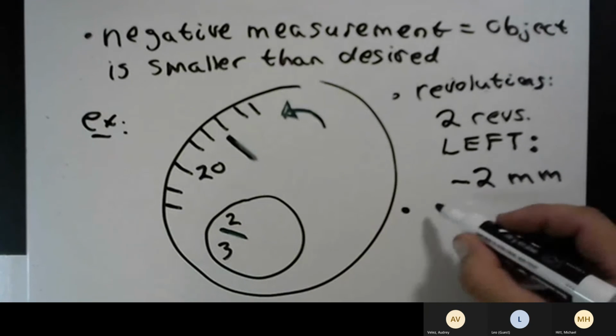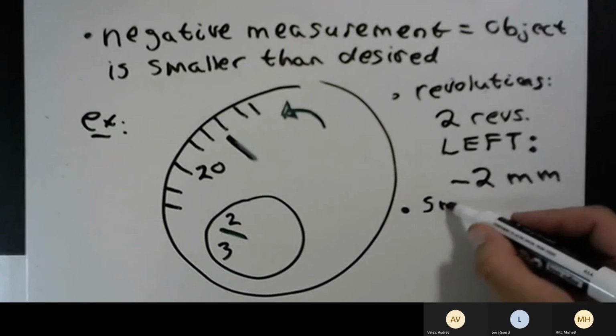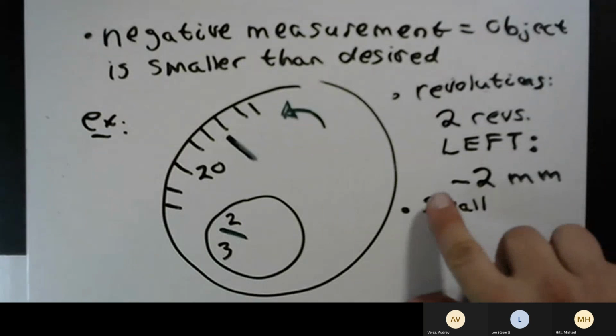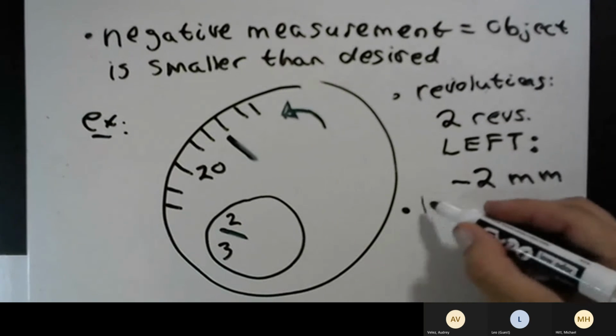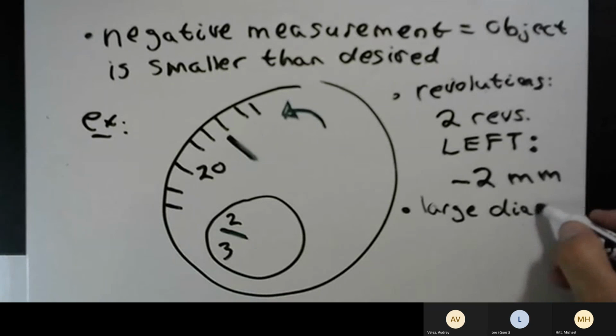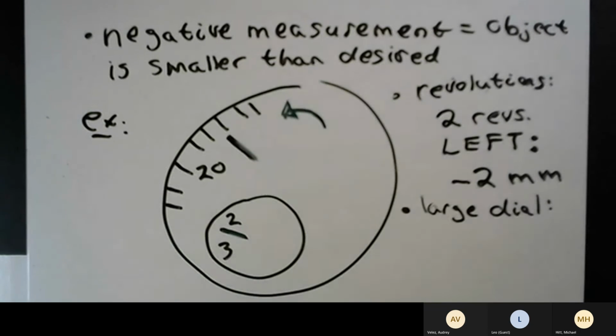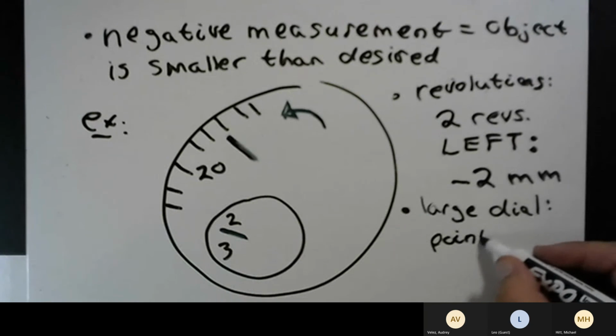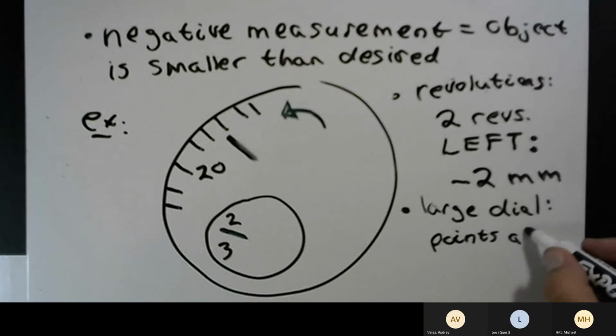Now we look at the small scale, which is actually the large dial. So we'll just call it large dial. If you look at it, it points at 17.